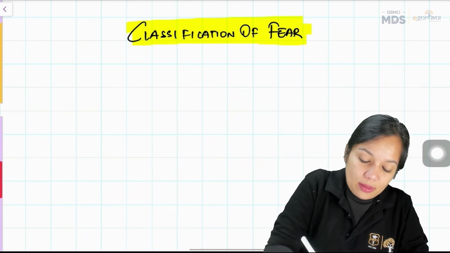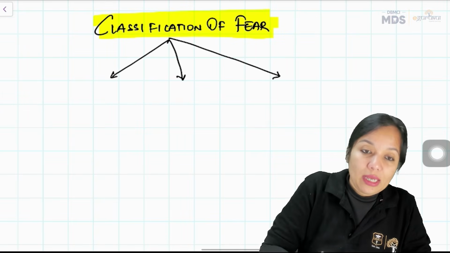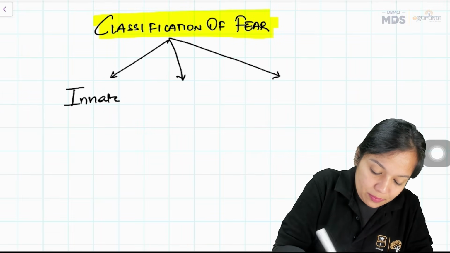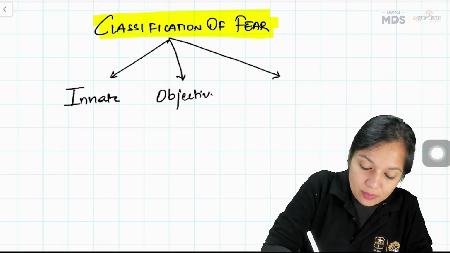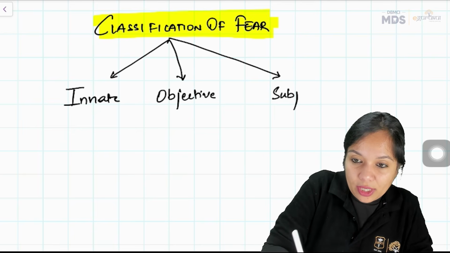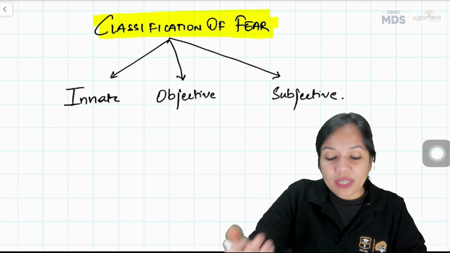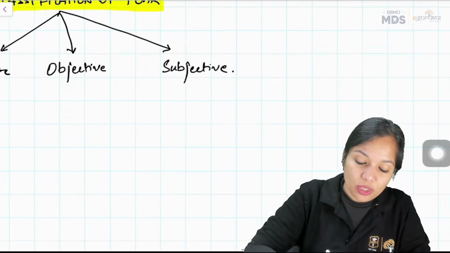It can be innate fear, it can be objective fear, and it can be subjective fear. Now, subjective fear again can be classified into three types. What are those?